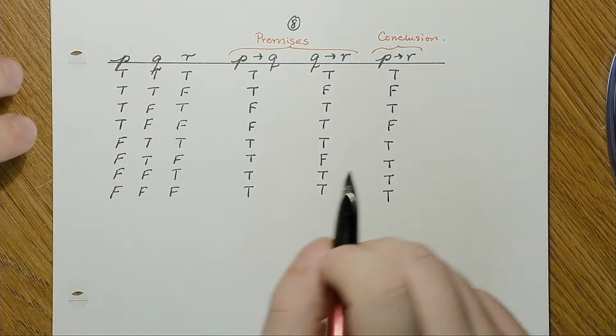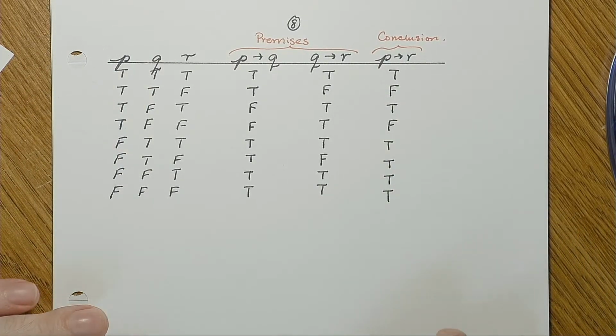Okay, so now that we have the truth table, I should take a moment. Does everyone agree with what I've written? Did I make a mistake? Hopefully I didn't. If I took my time, I was paying attention, I was picking the right columns and applying the right operator. Okay, good.